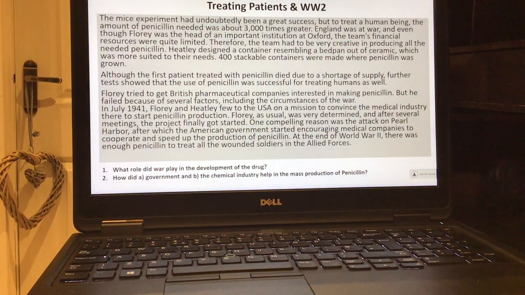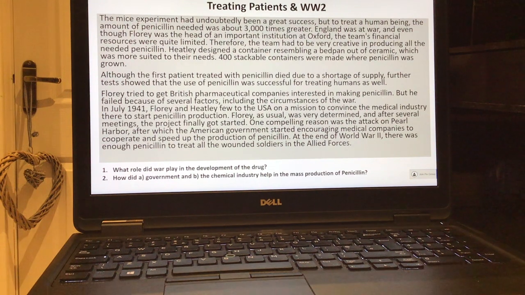And then this is really interesting, because the whole point is, it saved so many lives, penicillin, in World War II. You remember World War One in the trenches, and how many died of infection due to trench foot, and so on and so forth during World War One.